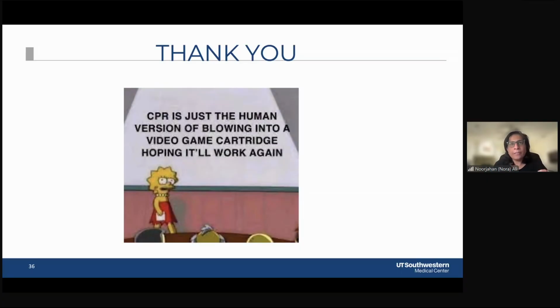Honestly, every institution has their own protocol for it. Specifically for NRP cardiac, we stayed away from making any recommendations only because we don't have evidence and it's one of those controversial territories. I personally think it depends on the buy-in from your OB colleagues and your team as well.